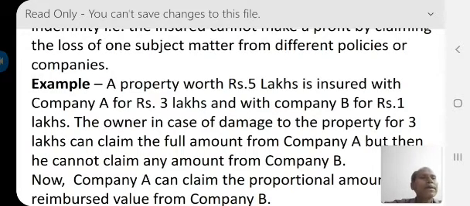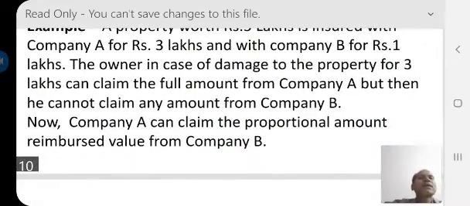And with company B for 1 lakh. The same property is insured at two companies. One is for 3 lakhs and another is for 1 lakh. The owner, in case of damage to the property for 3 lakhs, can claim the full amount from company A.